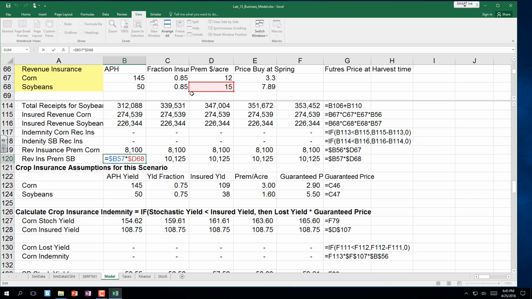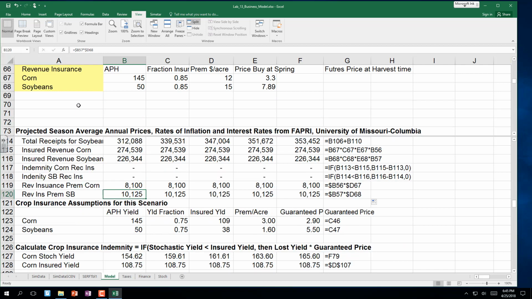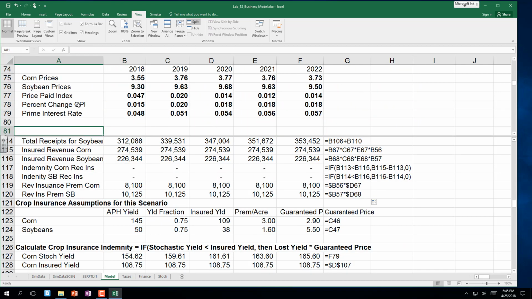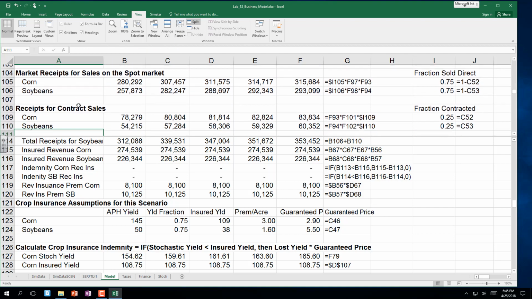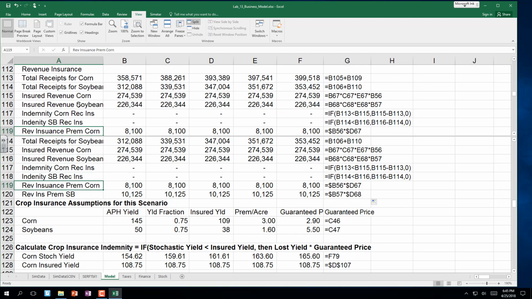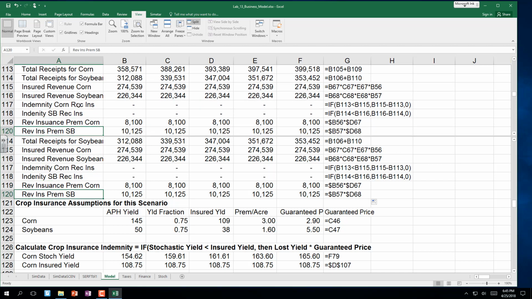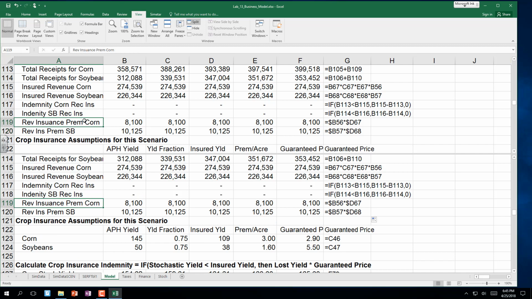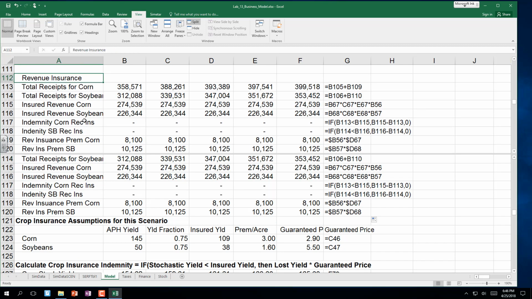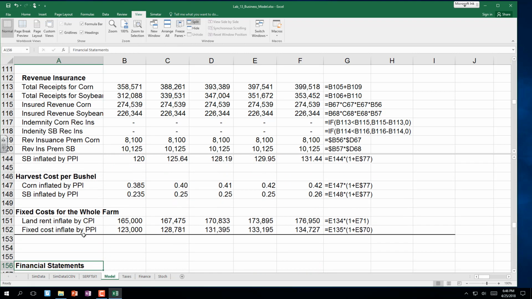Now, we're not quite finished at that point. So I'm going to bring that split screen down just a little bit. I'm going to scroll down here until I can see that revenue insurance in the top screen, right there. Okay. The bottom screen, I'm going to come down here to my income statement.